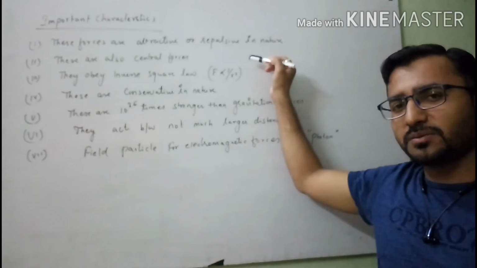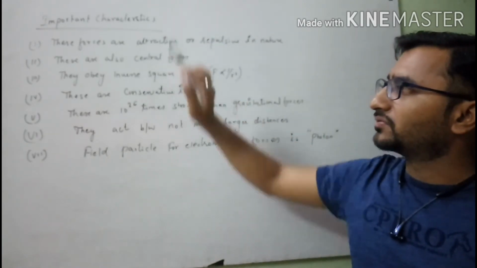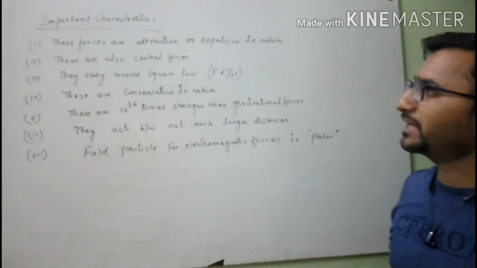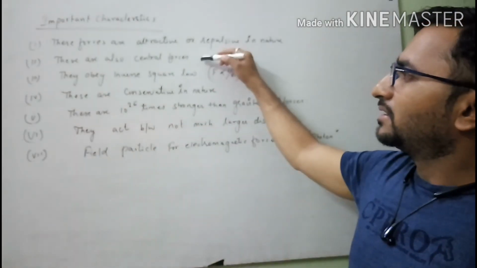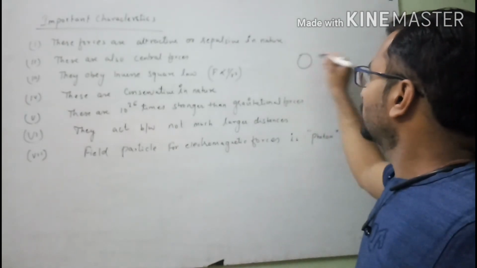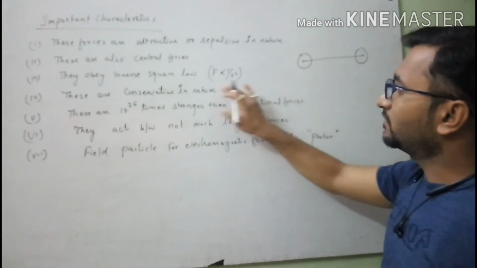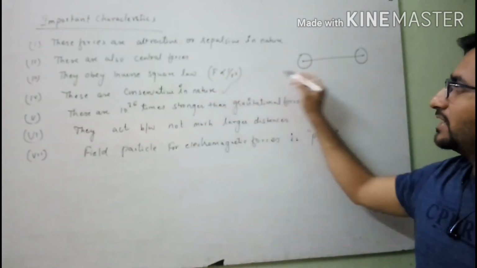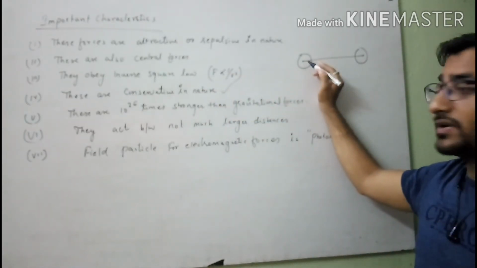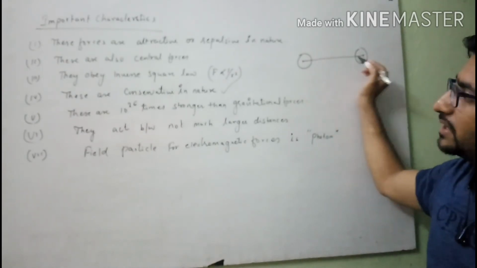If both charges are the same kind, the force is repulsive, and if different kind, the force will be attractive. After that, these are central forces, meaning they act from the center of one charge to the center of the other charge. Clear? And these forces are conservative in nature, as the gravitational forces. Clear, student?